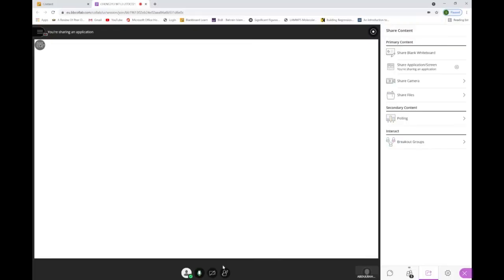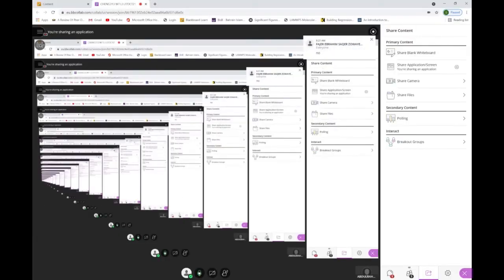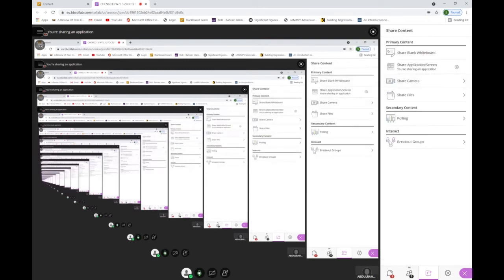Do you see this one highlighted? Let me change the method. Maybe what I can do, sorry, no, not the camera. Share application, I guess.